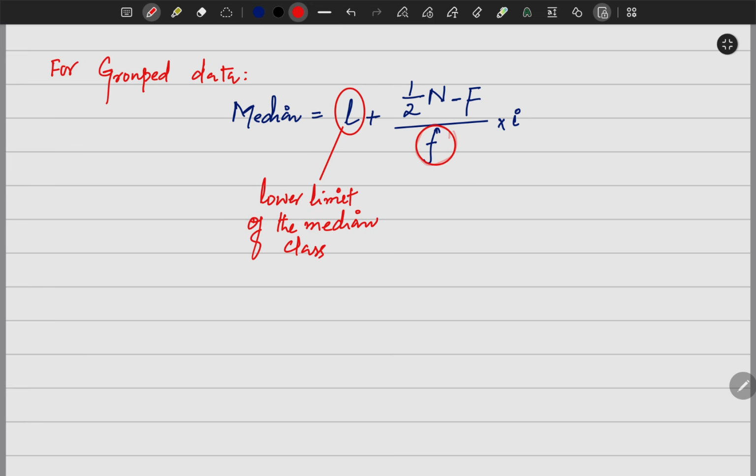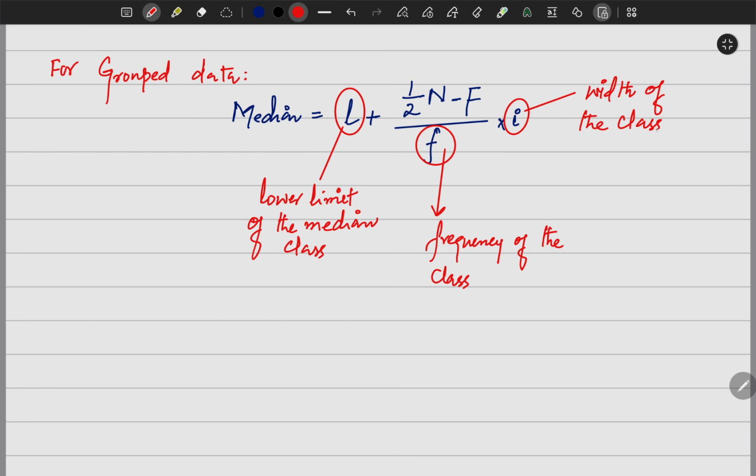This f is the frequency of that class. This i is the width of the class interval.